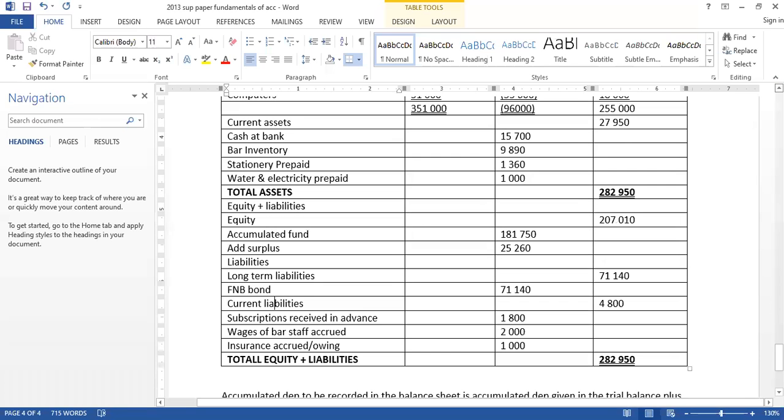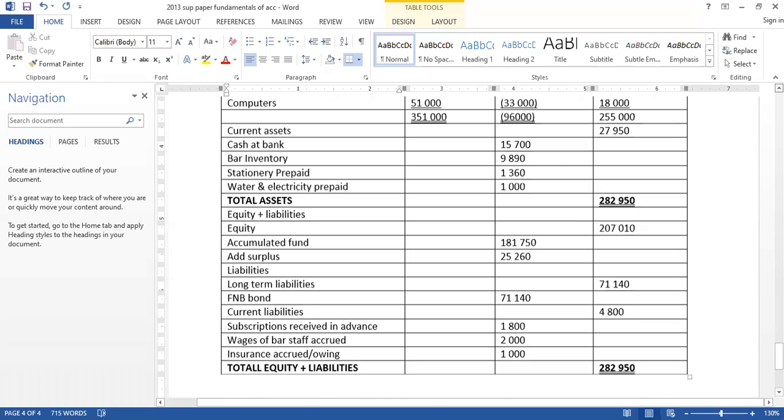In other words, in the balance sheet, you only record three elements, which are assets, equity, and liabilities. We do not include expenses. Expenses are recorded in the income and expenditure account. So yeah, that was the end of the 2013 question paper.